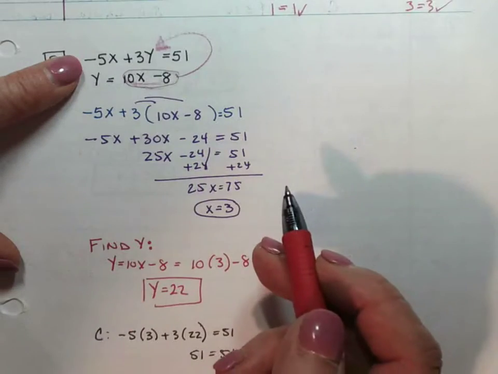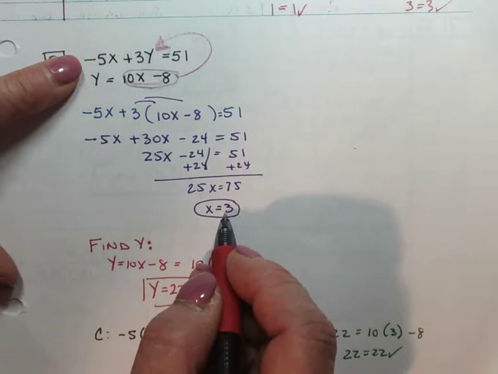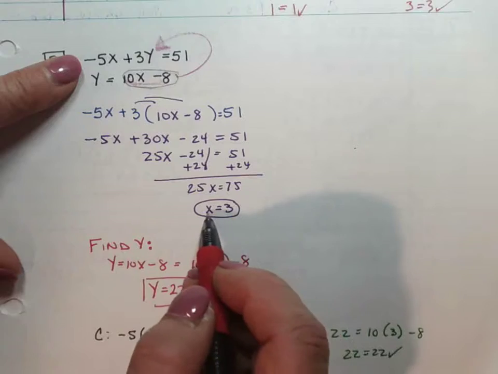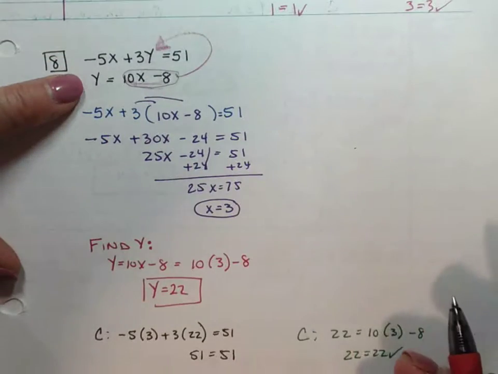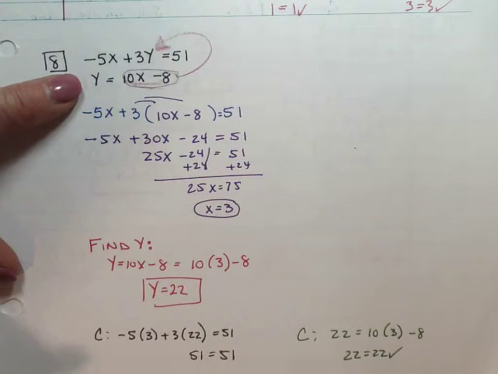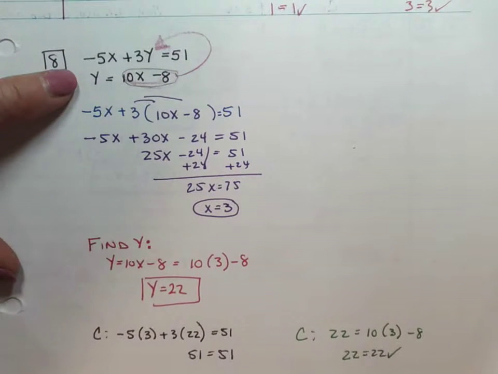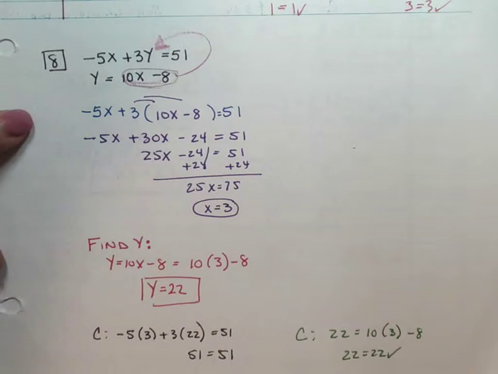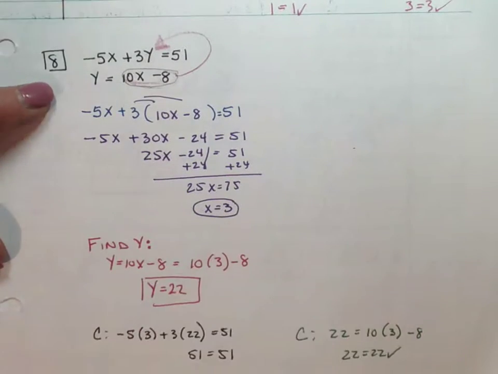Solve for x. You get x is equal to 3. Take this 3, put it back into this equation for y, and you're going to get y is 22, and then you check both equations. So the answer to number 8, x is 3, y is 22.